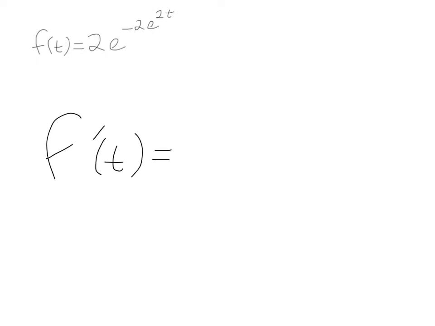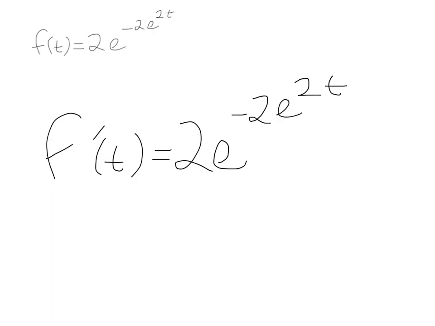So f prime of t is going to have my constant out front, and then I want to take the derivative of this, and I'm just thinking of this whole thing as the outside equation. This whole thing is e to the t, and the derivative of e to the t is in fact e to the t. So the derivative of e to the minus 2e to the 2t starts out with the exact same equation, e to the minus 2e to the 2t.